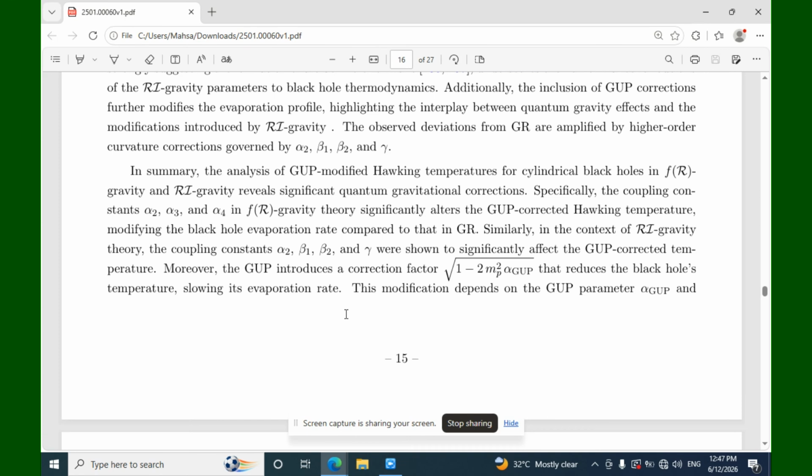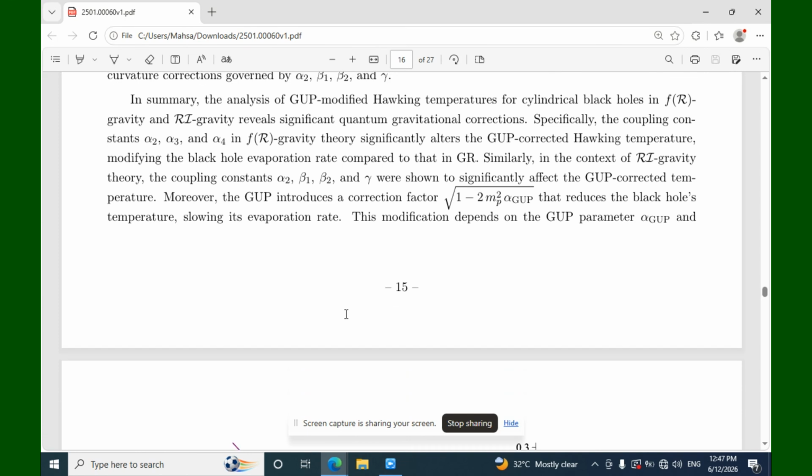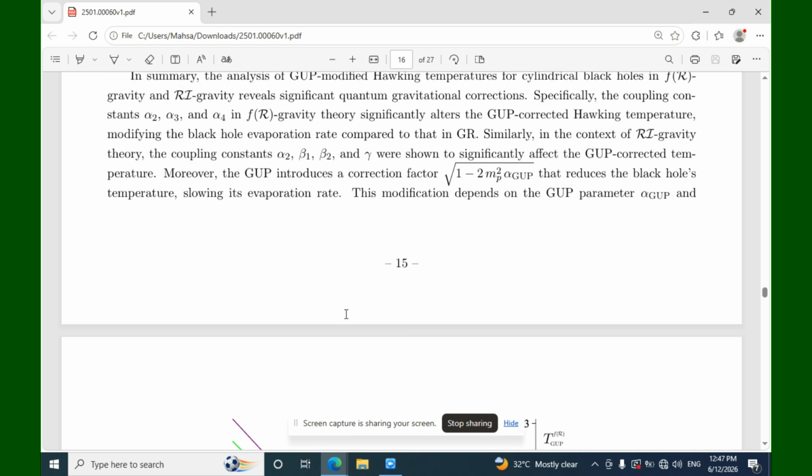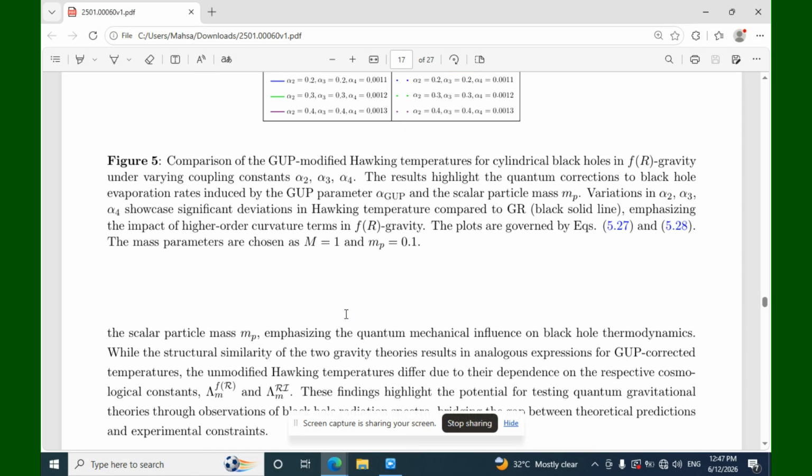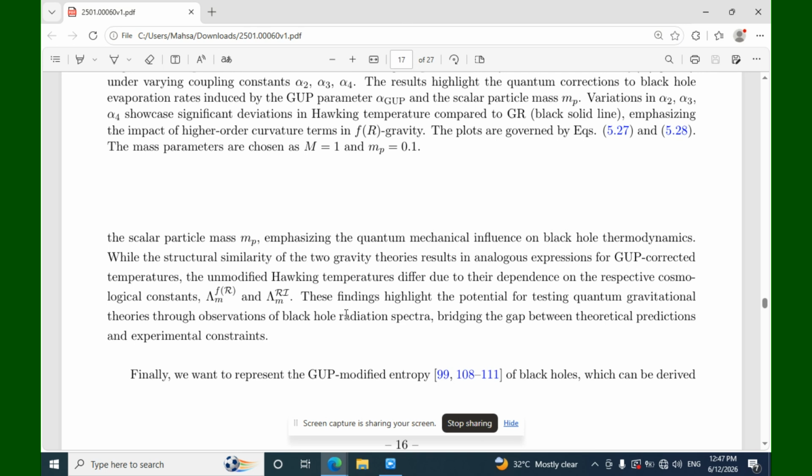Moreover, the GUP introduces a correction factor, square root of 1 minus 2 MP to the power of 2 alpha GUP, that reduces the black hole's temperature, slowing its evaporation rate. This modification depends on the generalized uncertainty principle parameter alpha GUP and the scalar particle mass MP, and emphasizes the quantum mechanical influence on the black hole thermodynamics.